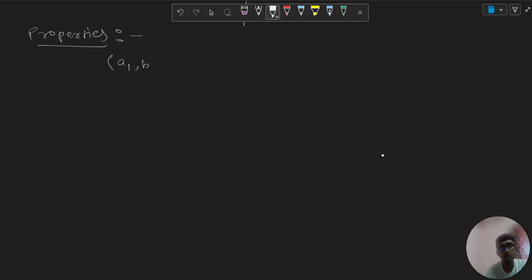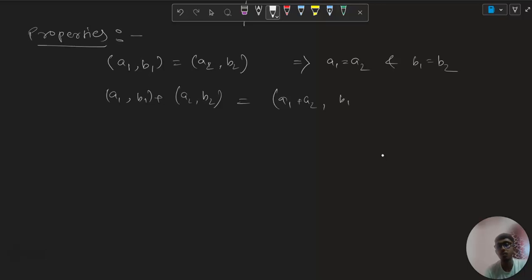Suppose a1 comma b1 equals a2 comma b2, it will imply a1 equals a2 and b1 equals b2. a1 comma b1 plus a2 comma b2 will be a1 plus a2 comma b1 plus b2.